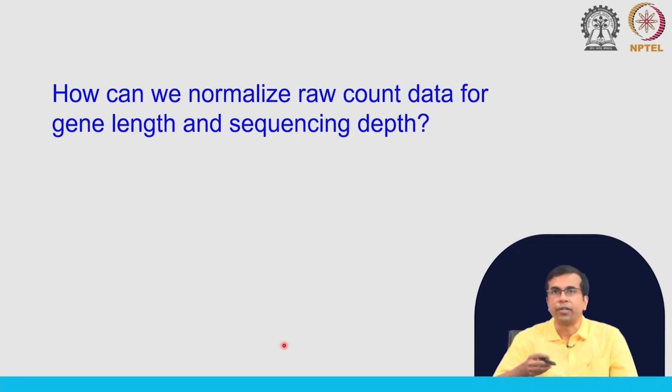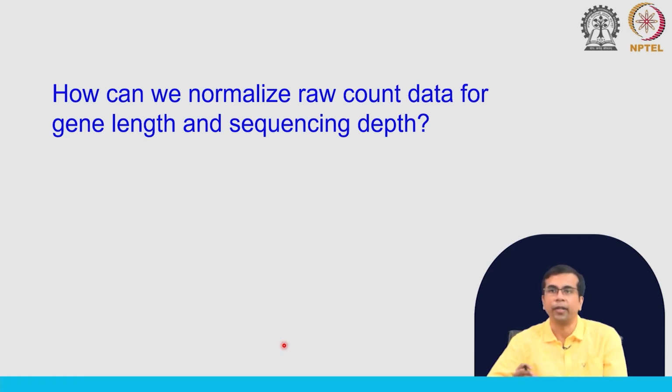So, the first question we will answer is how can we normalize raw count data for gene length and sequencing depth. We introduced this gene length bias because genes are of different lengths, and if you have a long gene, it is likely to have more fragments generated in the library, and hence you will get more reads for that gene. This is what we call gene length bias. And then we also have sample specific sequencing depth variation.